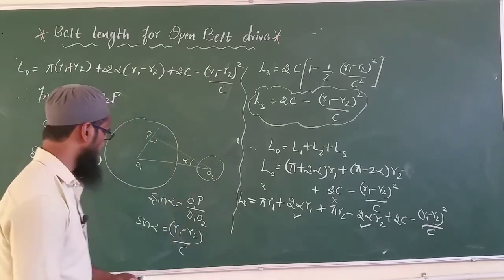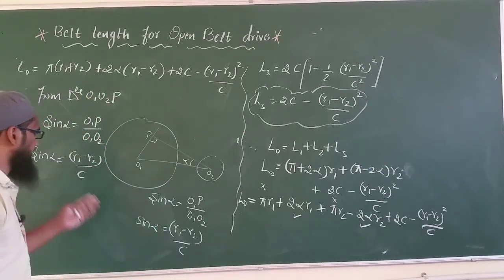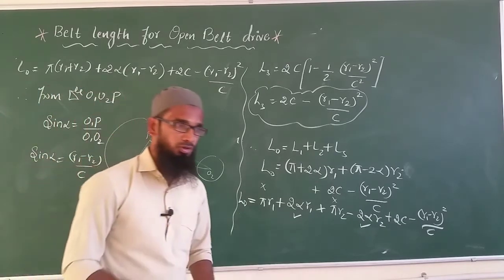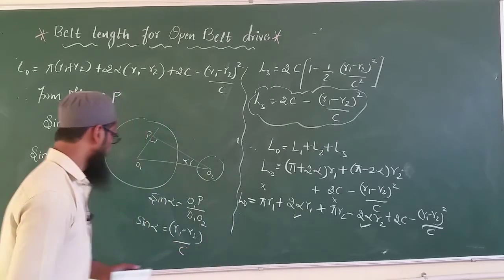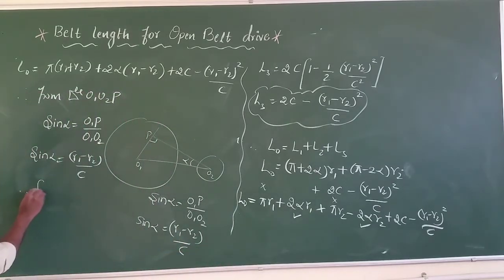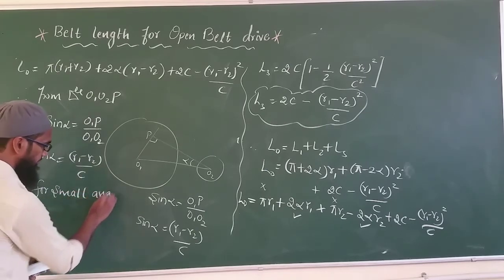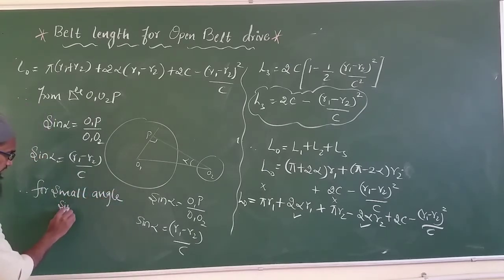Remember that sine alpha is equal to R1 minus R2 by C, and we know that for a very small angle, sine alpha becomes alpha. So for small angle, sine alpha is nothing but alpha.